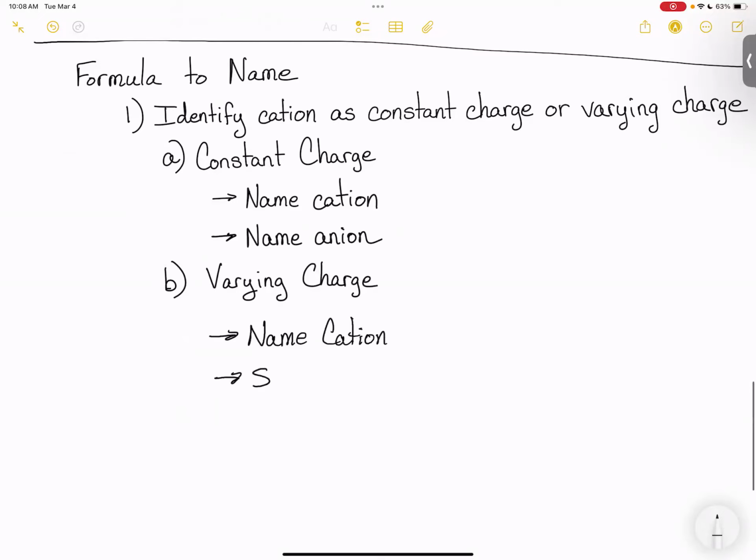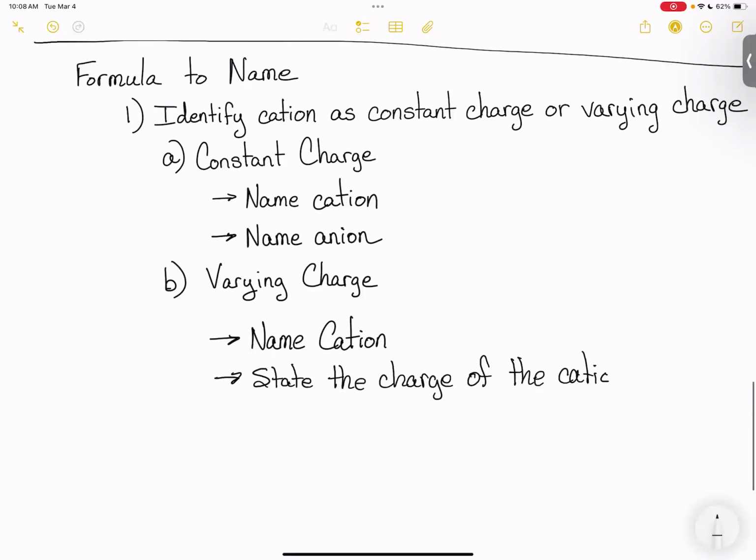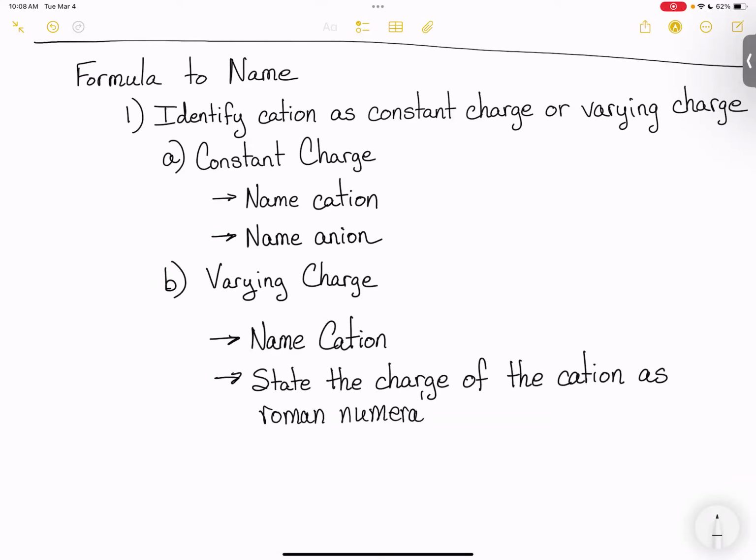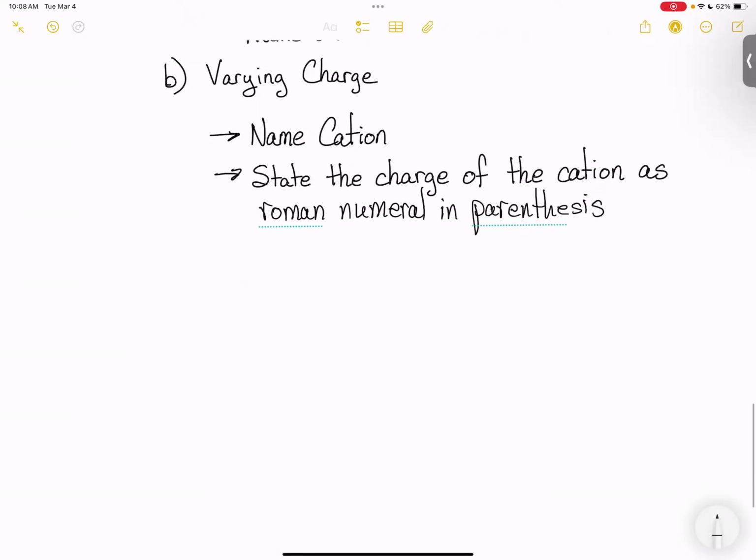You will state the charge of the cation as a Roman numeral in parentheses. And then you're going to name the anion.